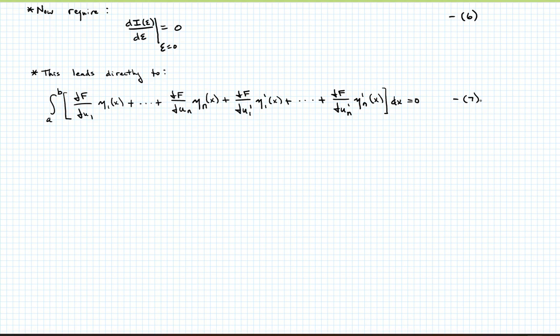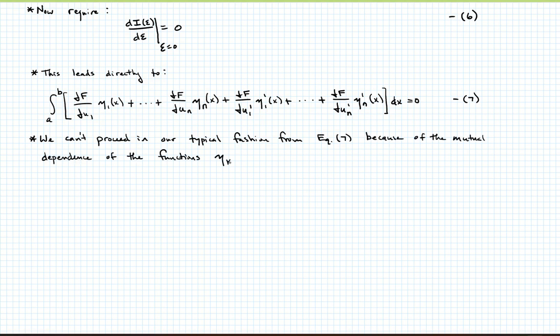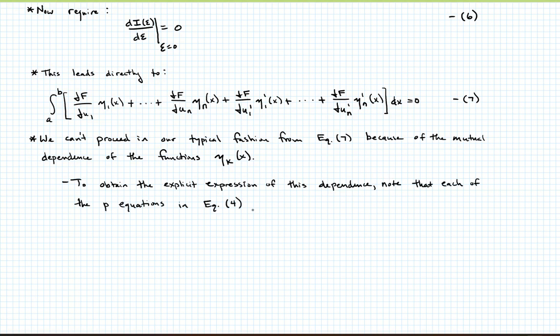So we can't proceed in our typical fashion from equation 7, because of the mutual dependence of the functions eta k, functions of x. Okay, so to obtain the explicit expression of this dependence, we're going to note that each of the p equations in equation 4 must be satisfied for all epsilon.